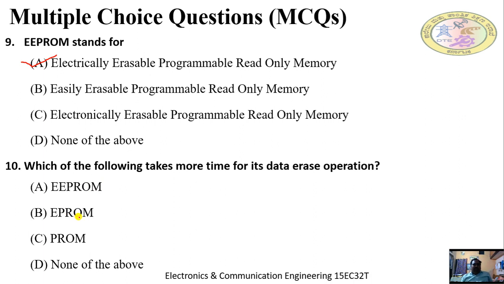EPROM needs 15 to 20 minutes for the erase operation to be completed, but E square PROM needs only 10 milliseconds. The question asks which takes more time, so the answer would be EPROM, which takes around 15 to 20 minutes.